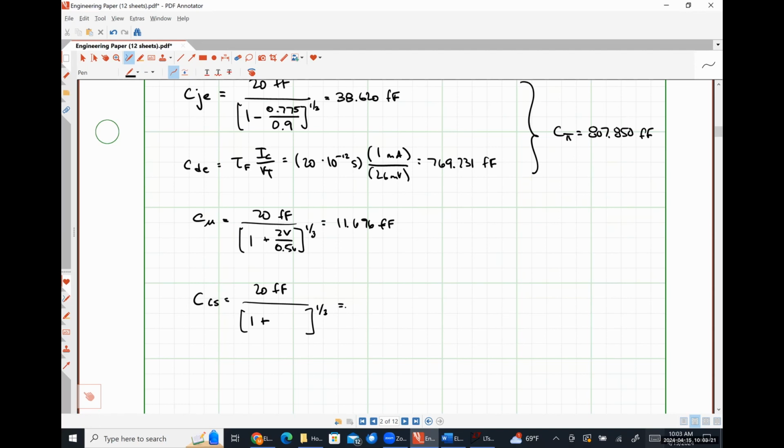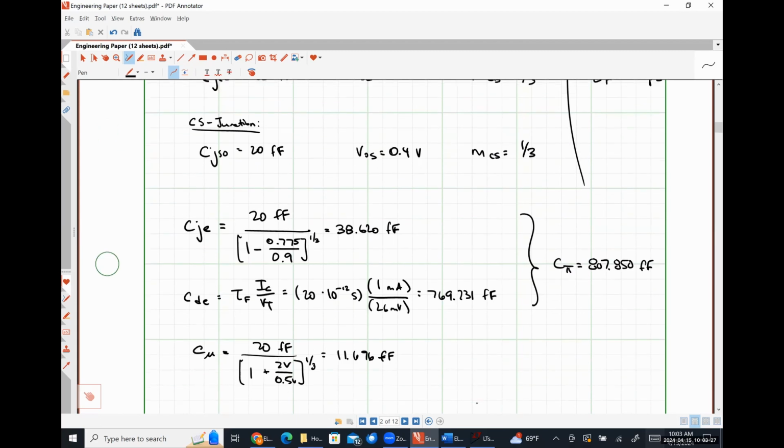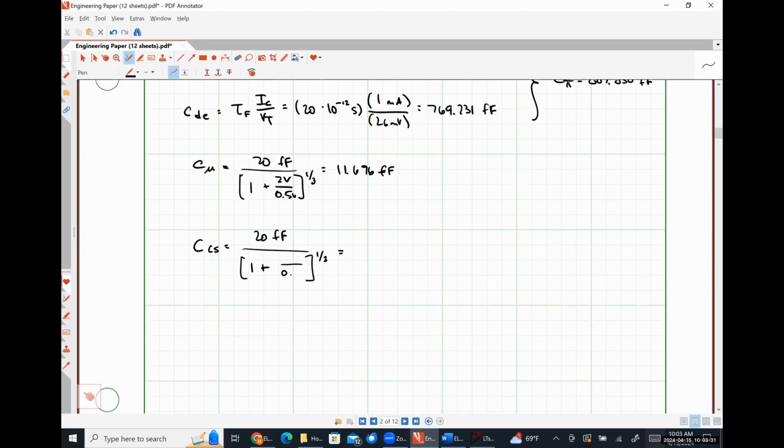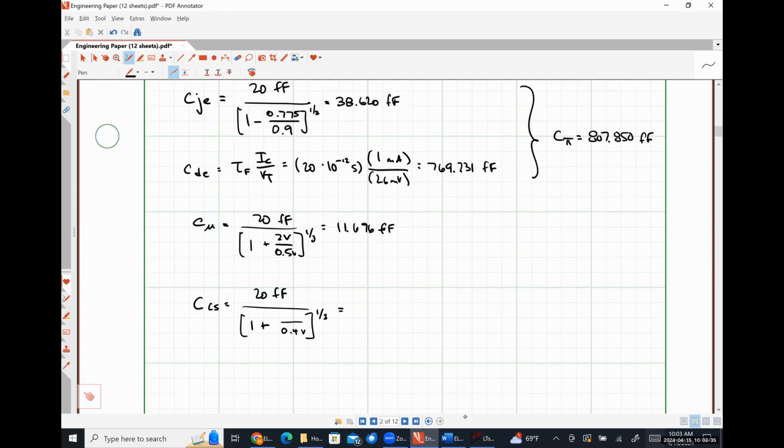So we know that this junction has a built-in voltage of 0.4 volts. What is the total bias voltage across this guy?